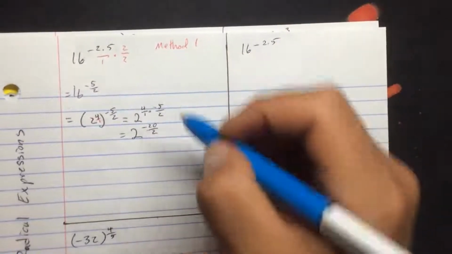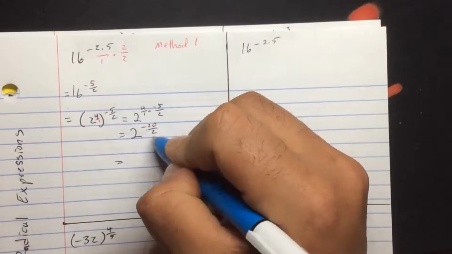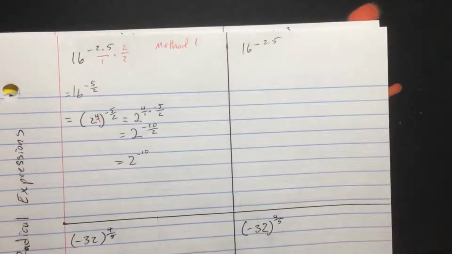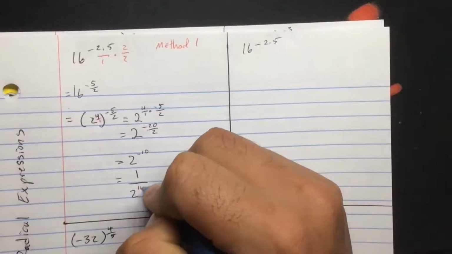When we do our division, or reduce, negative 20 divided by 2 is 2 to the negative 10th power. Now we can change this to 1 over 2 to the 10th to get rid of the negative.